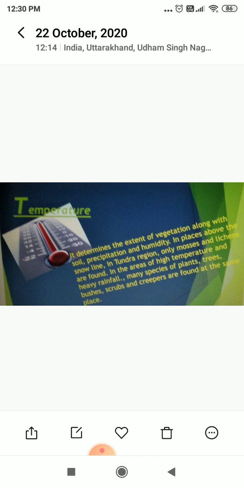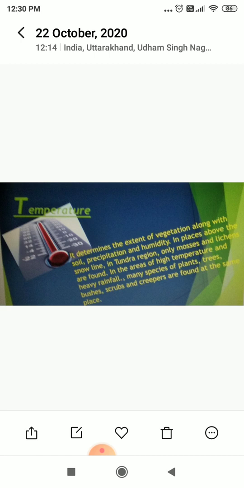When latitude changes, we see variation in temperature. The major latitudes are the equator, the Tropic of Cancer, and the Arctic Circle, which is the northern pole.